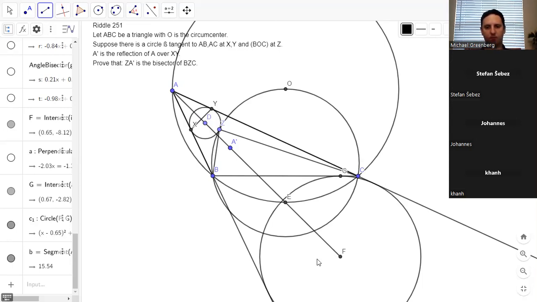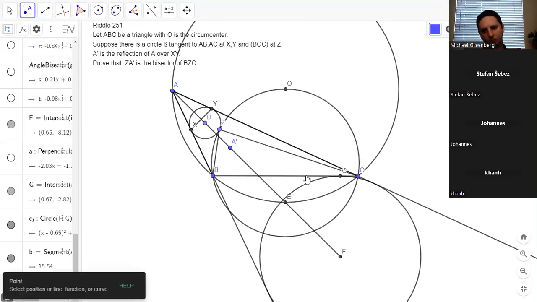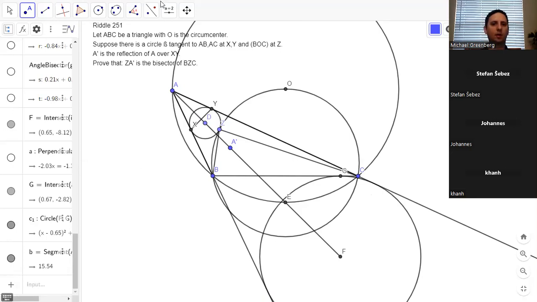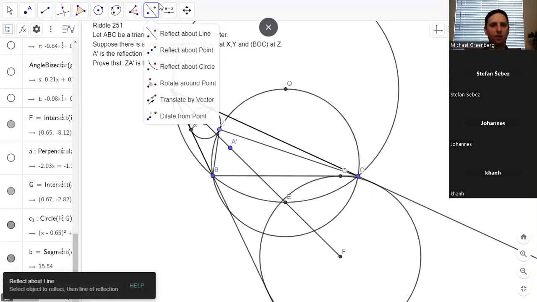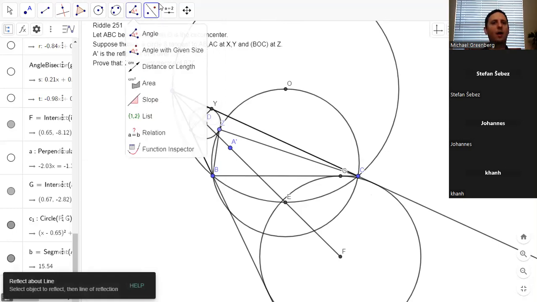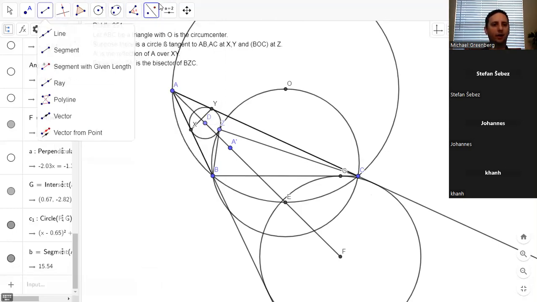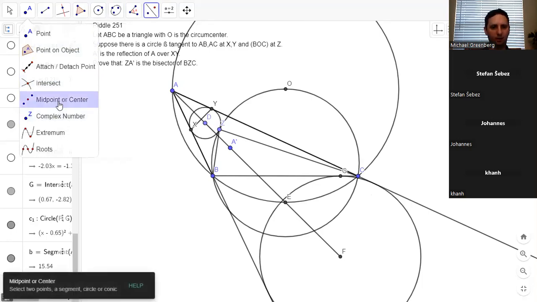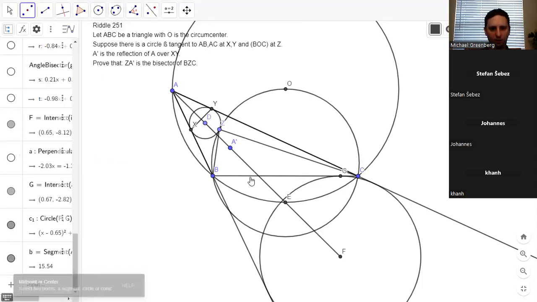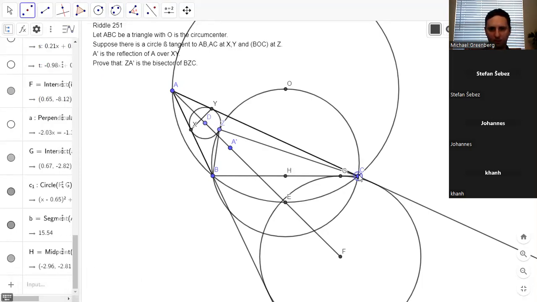Oh, sorry, what were you saying, Kyle? I think you should draw the 9-point circle because that inversion takes Z to the tangency point of the 9-point circle and the X circle. Okay. All right. I'm confused.